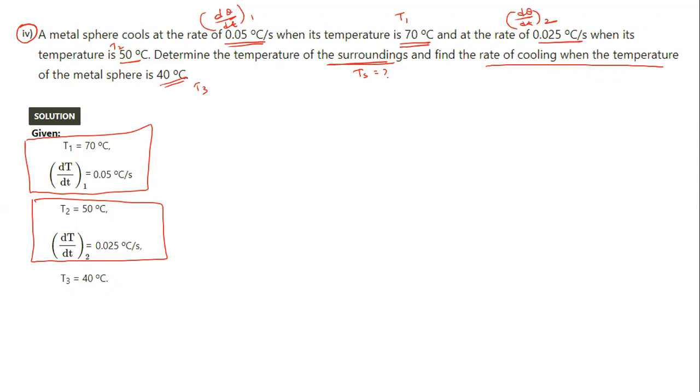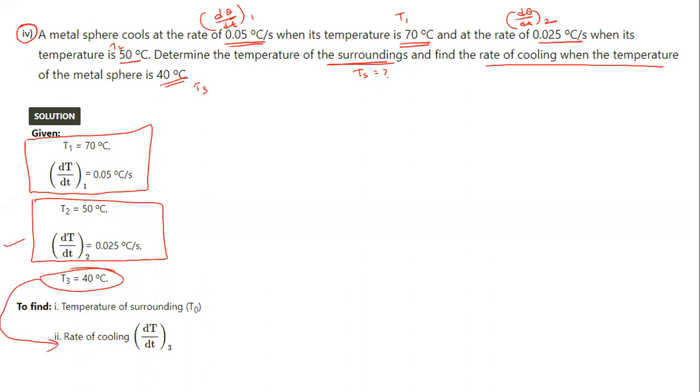And that time we have to find out how much is dT by dt. The third rate of cooling we have to find out. So at 40 degrees Celsius, we have to find out this rate of cooling dT by dt, as well as we have to find out temperature of surrounding, means T0 or Ts also we can write for that.